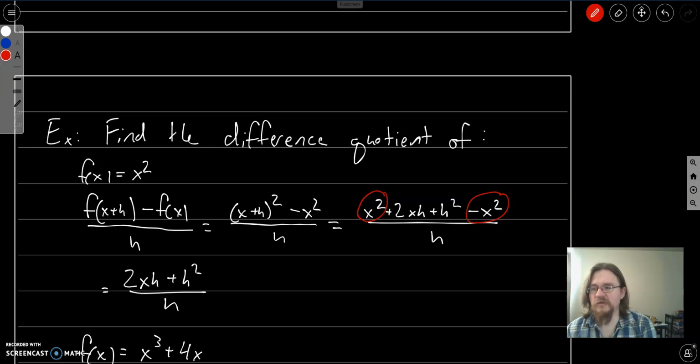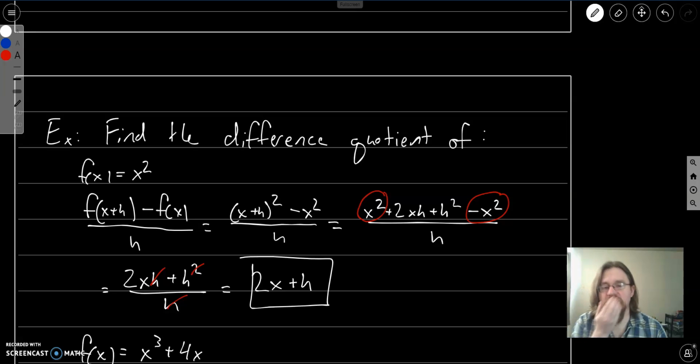And what happens when I'm dividing by h? The h will cancel on the top and bottom. So what I'm left with is 2x plus h. And that's the difference quotient for x squared. It's not too bad. We just have a formula for it. And again, this formula is just the slope.